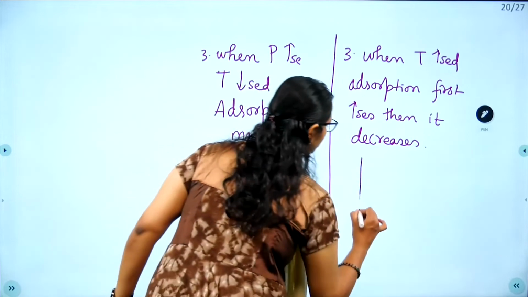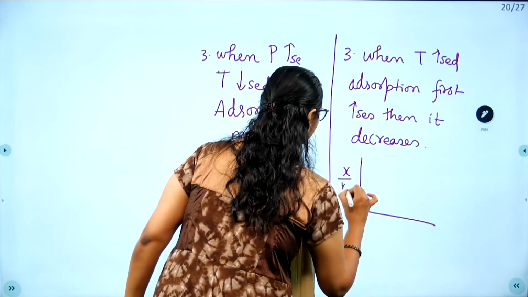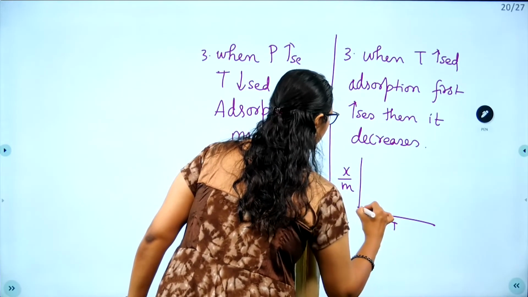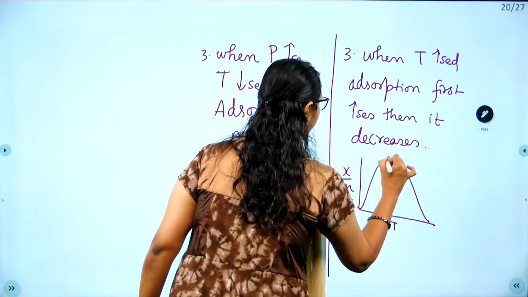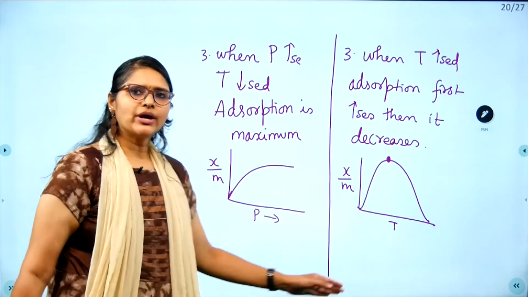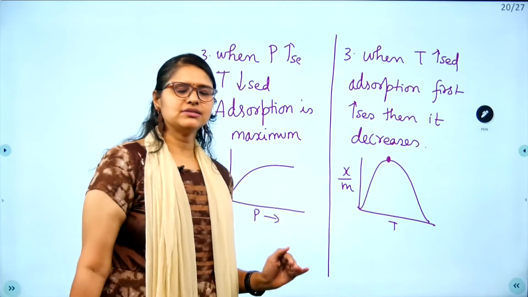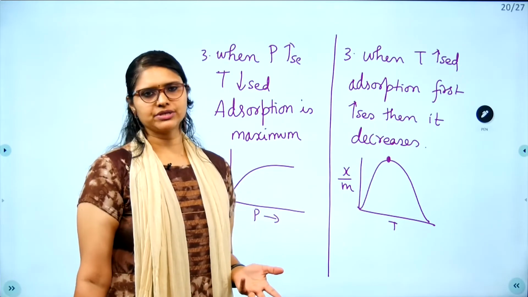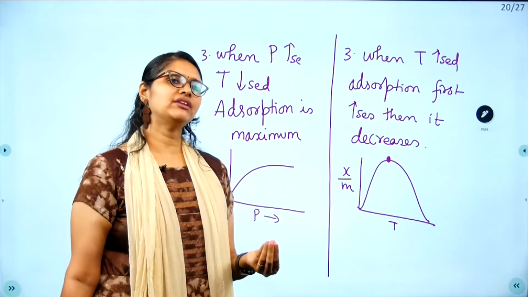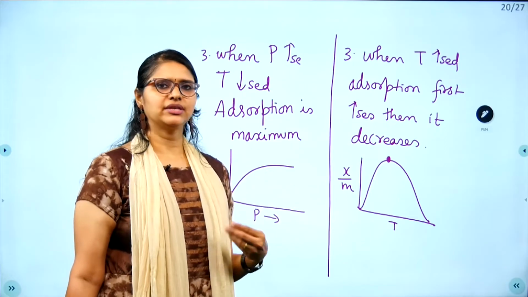Whereas here, initially it increases, it goes to the maximum, then decreases, okay. So why does it reach the maximum and then decrease? You know adsorption is an exothermic reaction, no? So definitely some amount of heat will be given out.